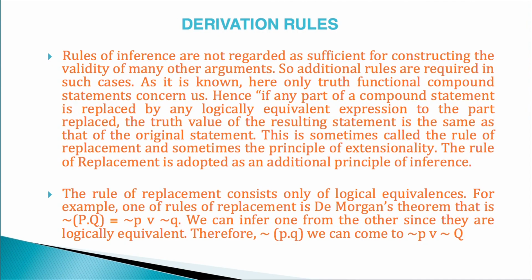So dear learners, now you have to know some additional rules apart from the rules of inference. The rules of replacement consist only of logical equivalences. For example, one of the rules of replacement is De Morgan's theorem, that is negation bracket begin P dot Q. You see, dear learners, how rules of replacement are there.